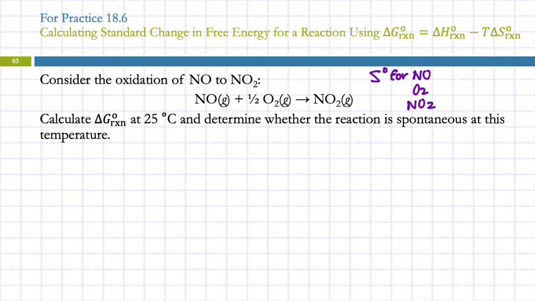So for NO, S0 is 210.8 joules per Kelvin. For NO2, it's 240.1. And for oxygen, 205.2.